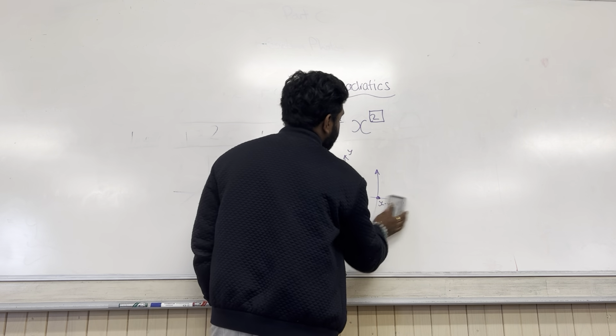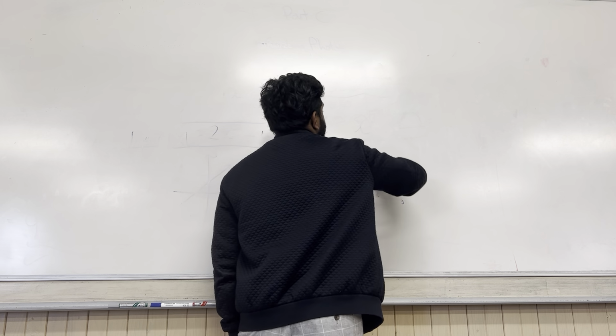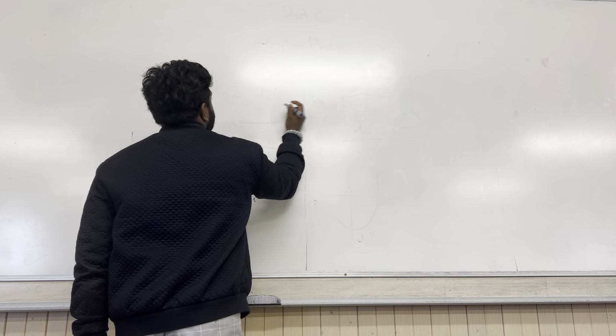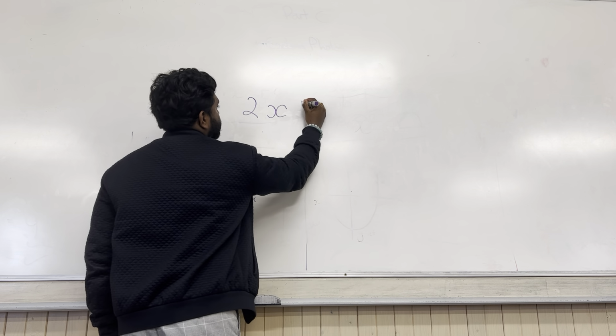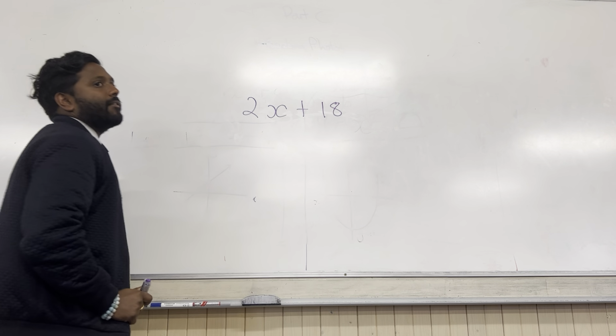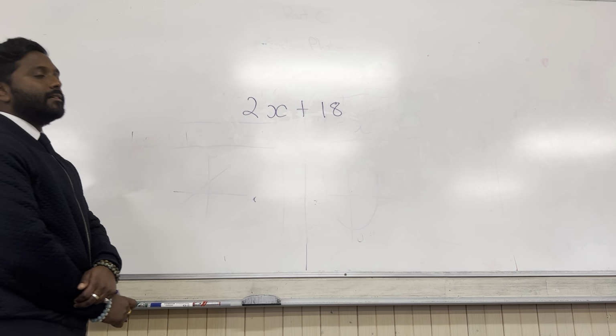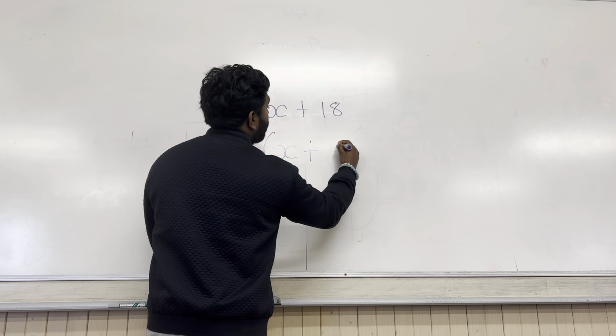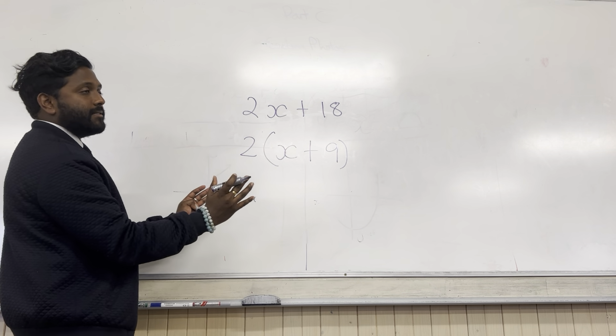Now we'll go over factorizing. Showing you an example of factorizing: if I said 2x plus 18, how do you factorize that? 2 bracket x plus 9. Well done. That's basic factorizing.